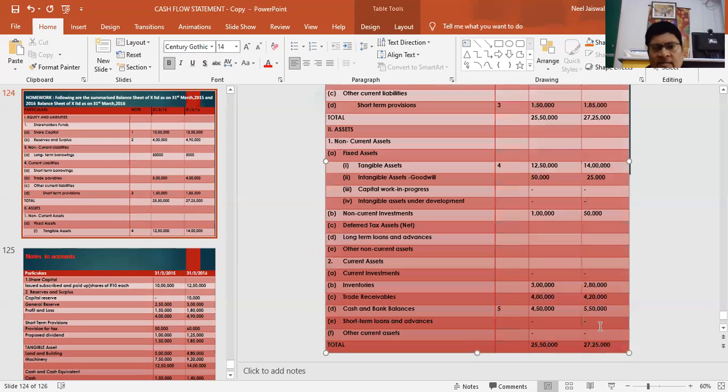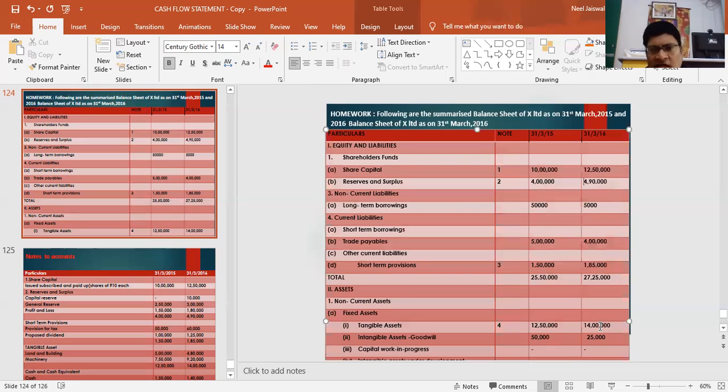Tangible assets, so many items are given, some working notes are given, a little bigger sum. Cash and bank balance has a note even. So this is the entire 25 lakh 50,000, 27 lakh 25,000. That's the asset values. And your liability total was also the same. So this is your complete sum, a big sum. Please do it.